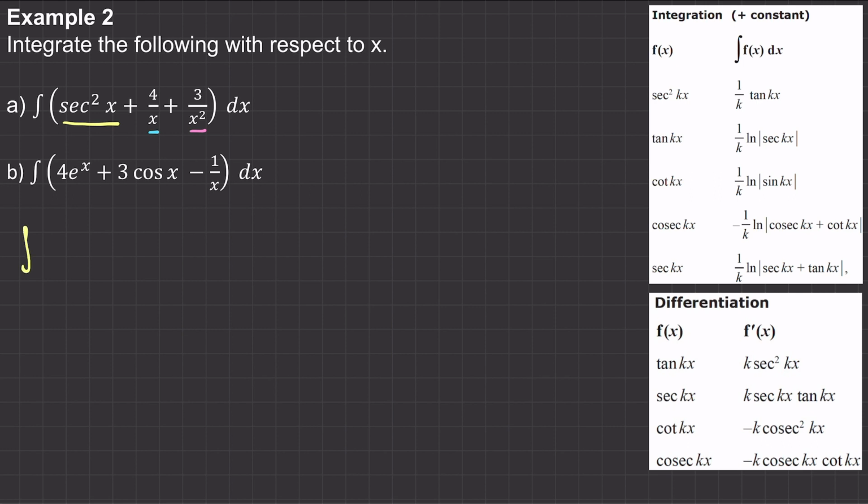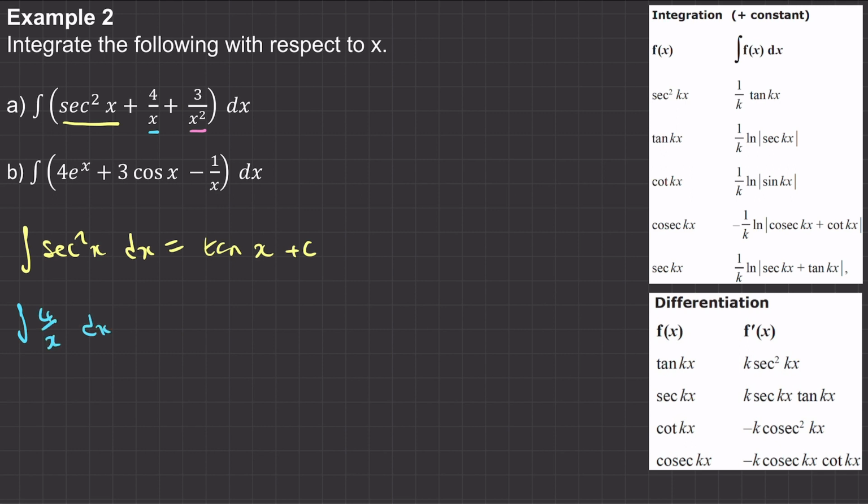So we'll have the integral of sec squared x with respect to x. And to work this out, we can use this standard integral here, where k is 1. So this will just be tan of x plus the constant c. And then we've got the integral of 4 over x with respect to x.